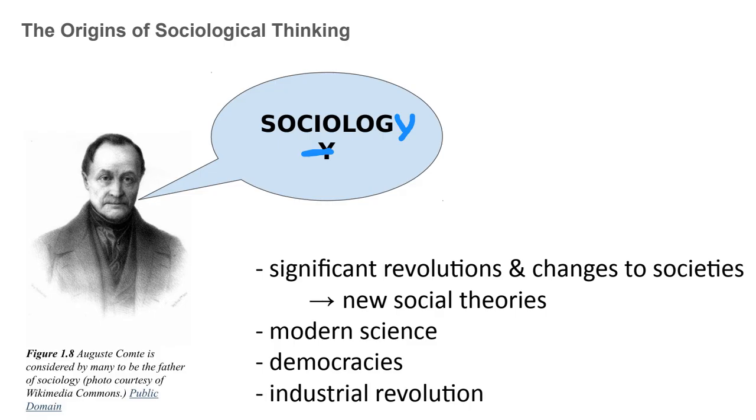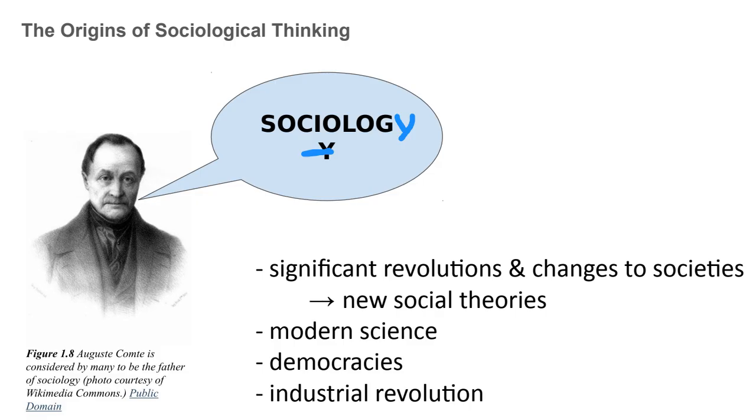So again, early 1800s. These early social thinkers were emerging in the wake of significant revolutions and transformations of society. It was the huge changes in 18th and 19th century Europe which specifically drove the development of sociology.